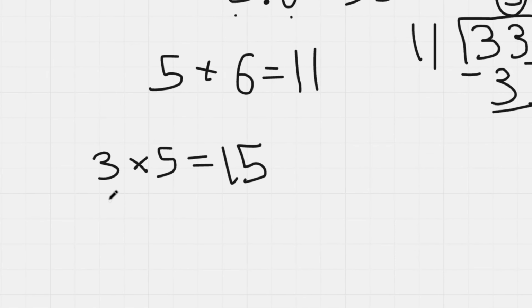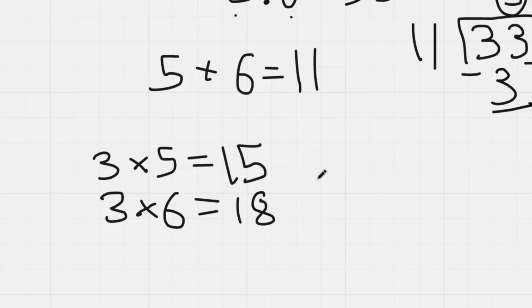And then 3 times 6, that would be 18. And so pretty much we have our answer. There are 15 girls and 18 boys.